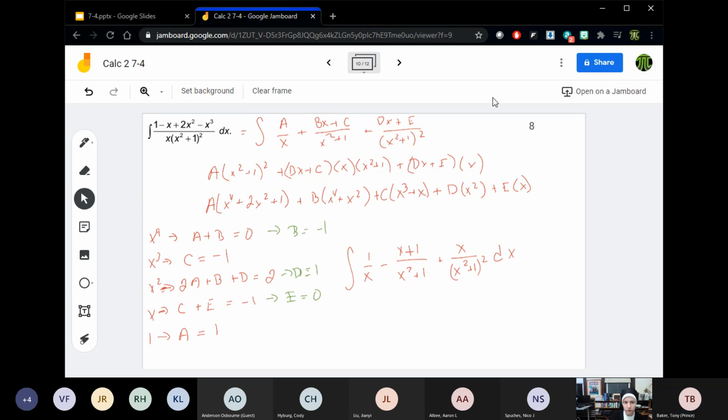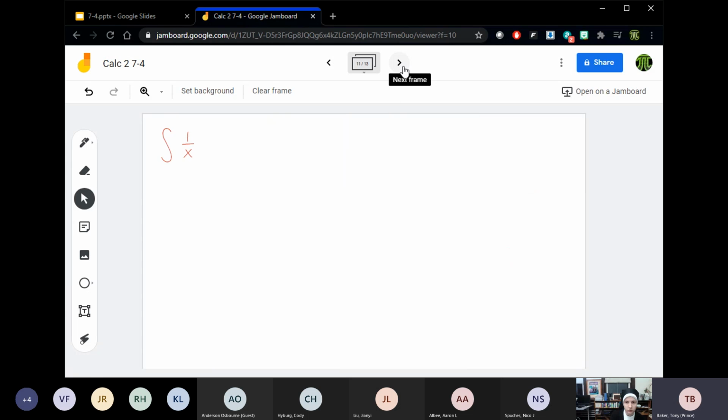So I have the integral of 1 over x, minus the integral of x over x squared plus 1, minus the integral of 1 over x squared plus 1, plus the integral of x over x squared plus 1 squared.